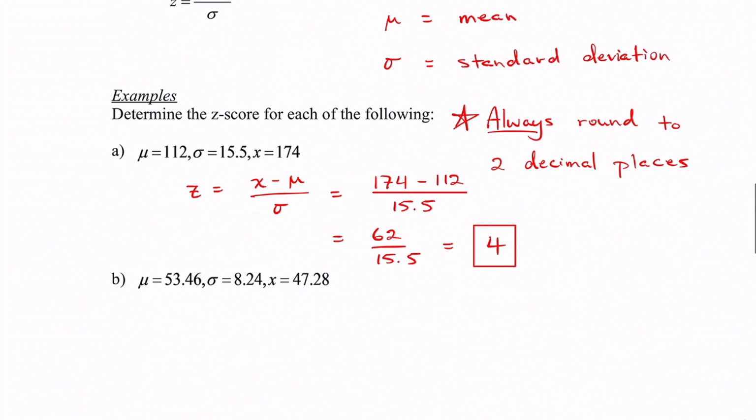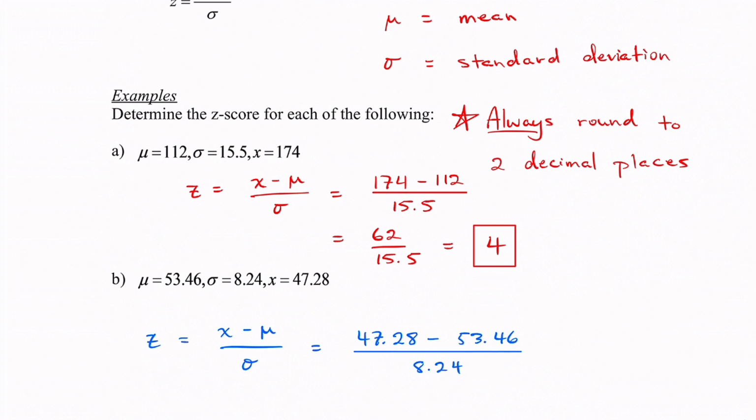Looking at this next one, we got our values right there. So again, we're going to start with our formula. Z is equal to x minus mu divided by the standard deviation. So x in this case is 47.28. Subtract off mu, which is 53.46. And then all of that is being divided by the standard deviation, 8.24.